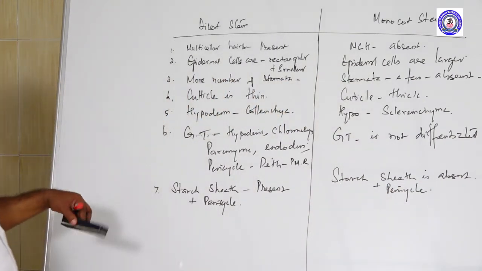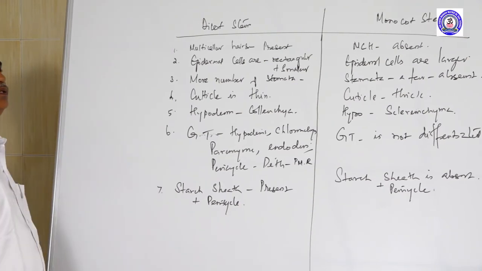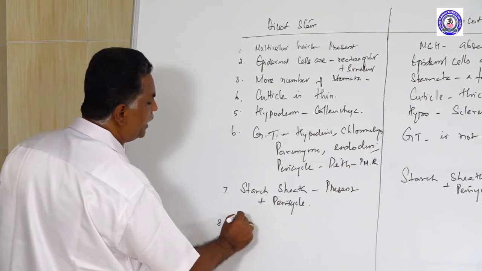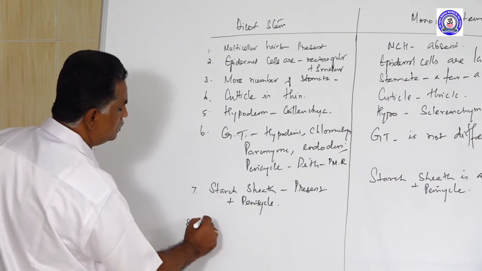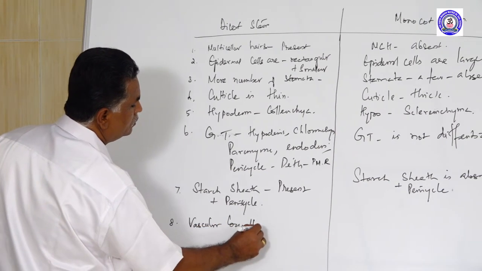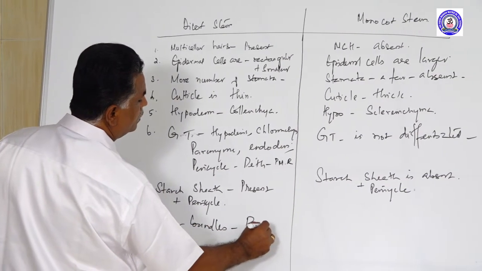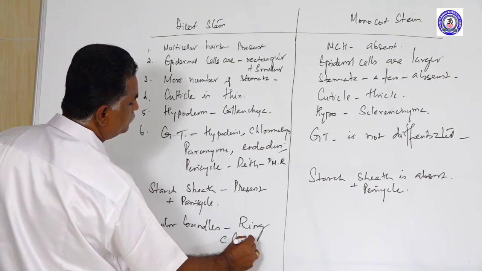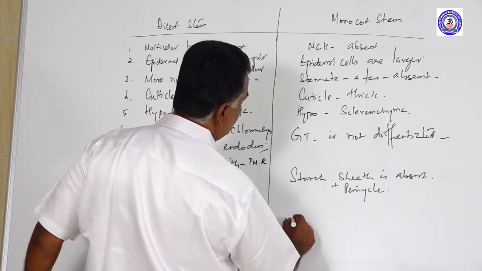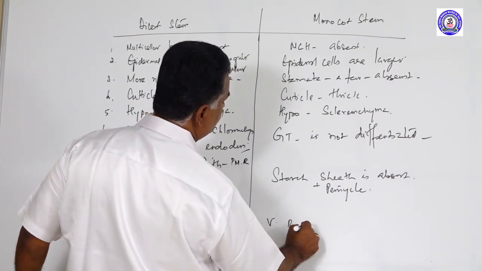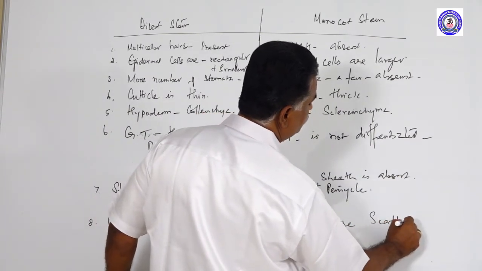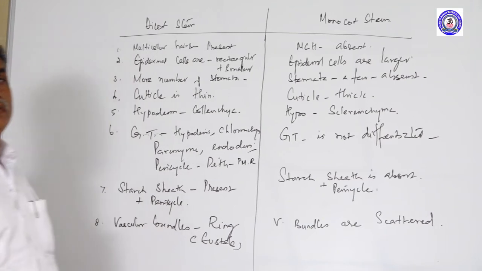And when you come to vascular bundles, what is the nature of the vascular bundle? Vascular bundles are arranged in the form of a ring, and that is called eustele. In monocot, vascular bundles are scattered.